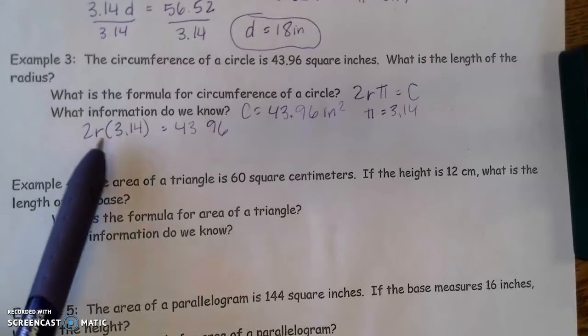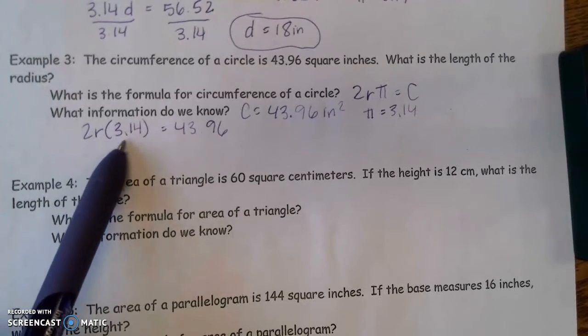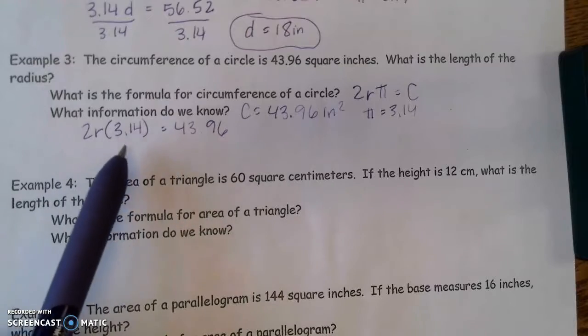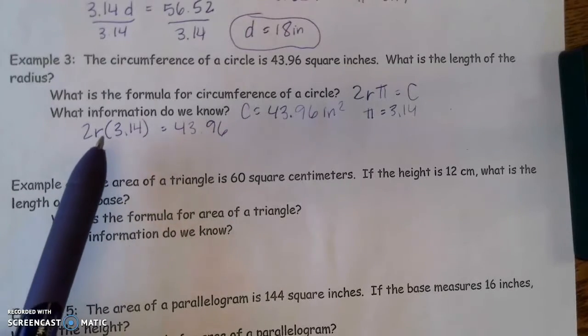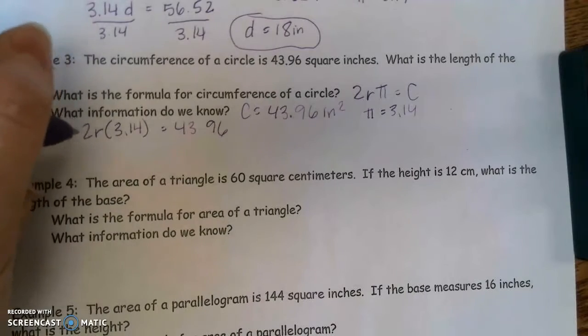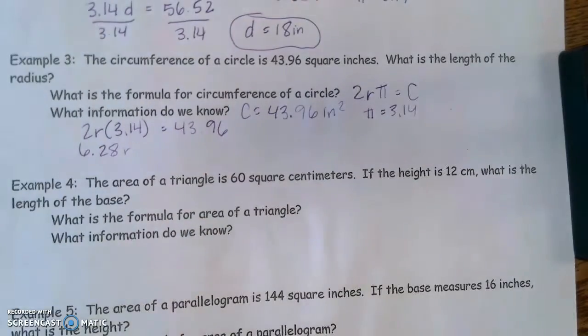I just wanted to show you that this is how you can set this up. We still need to figure out what r is, but we're going to multiply 2 by 3.14 to simplify, so that we can solve this easier than doing multiple steps. So 3.14 times 2 gives me 6.28 times the radius.